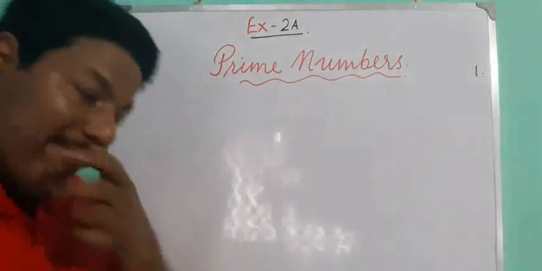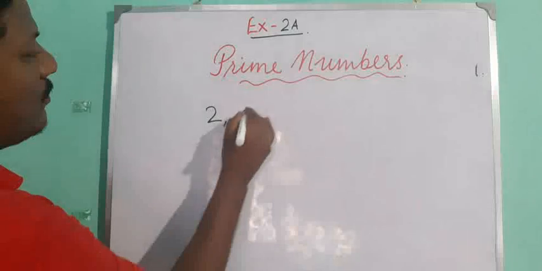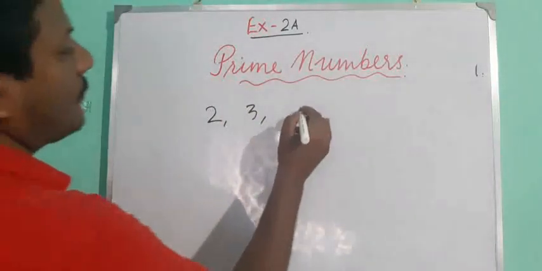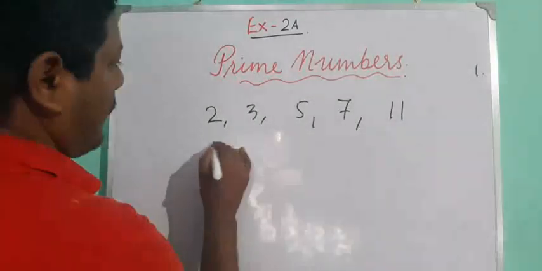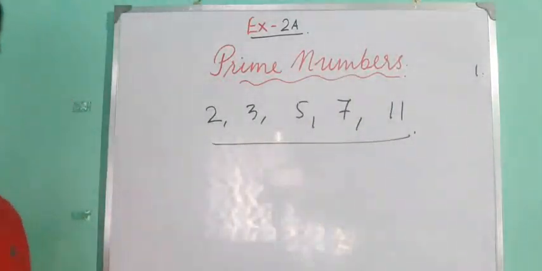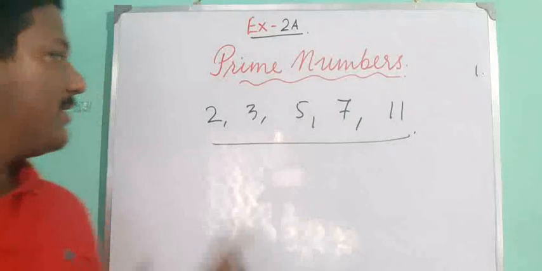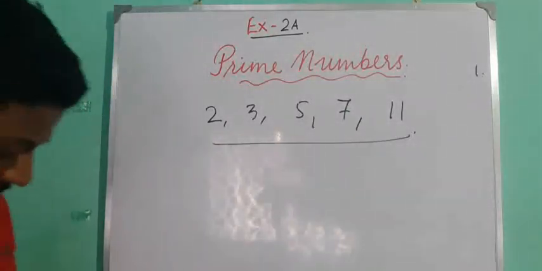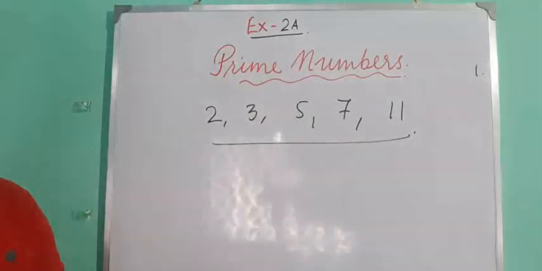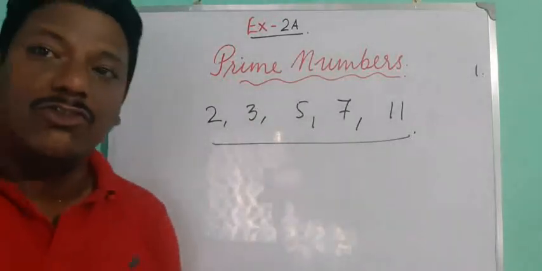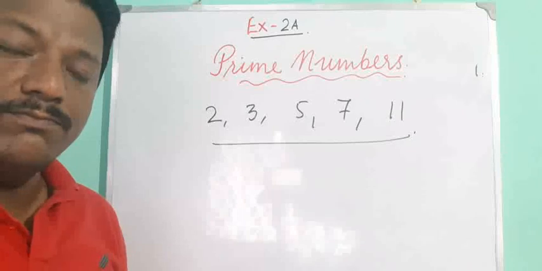Now you see, when we write 2, 3, 5, 7, 11. Alright, you see I have written these numbers. Now, any of these numbers who has its factor more than 2.